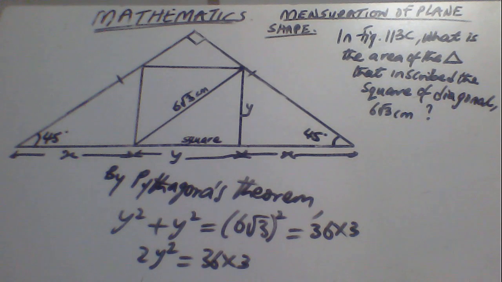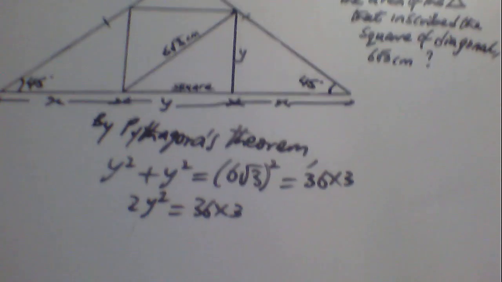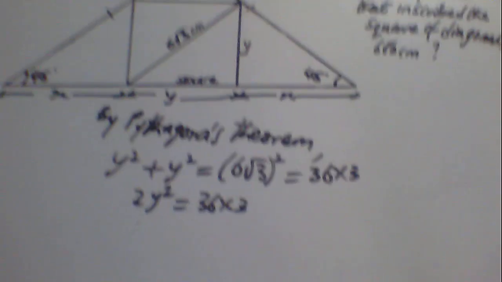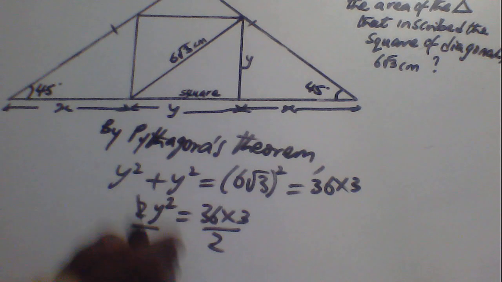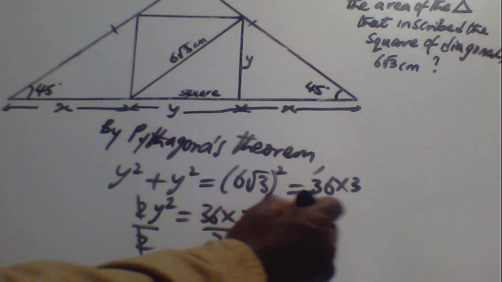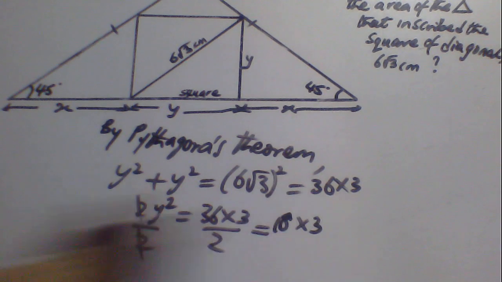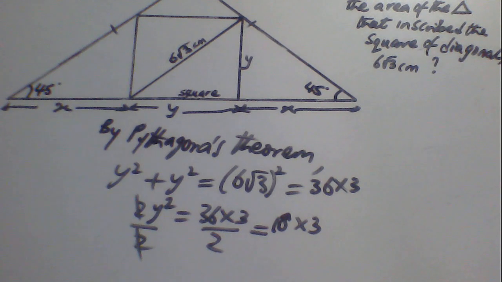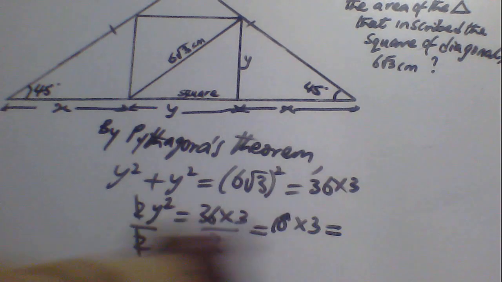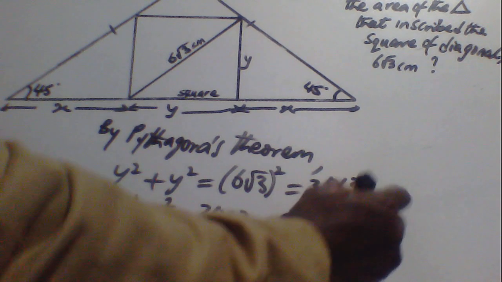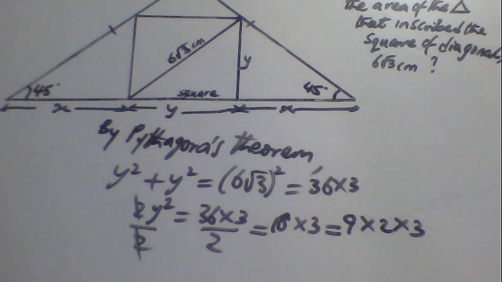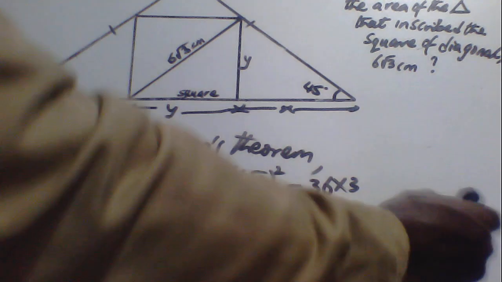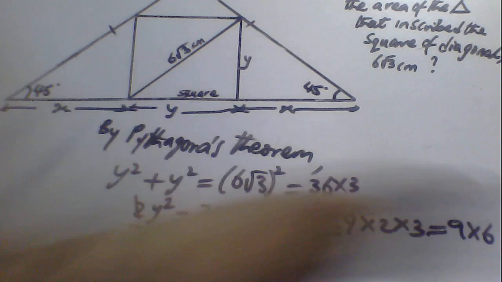So what is the next thing we have to do here? The next is to divide both sides by 2. Dividing both sides by 2, we have 18 times 3. So 18 times 3, we can split this as 9 times 2 times 3, and from here we have 9 times 6.